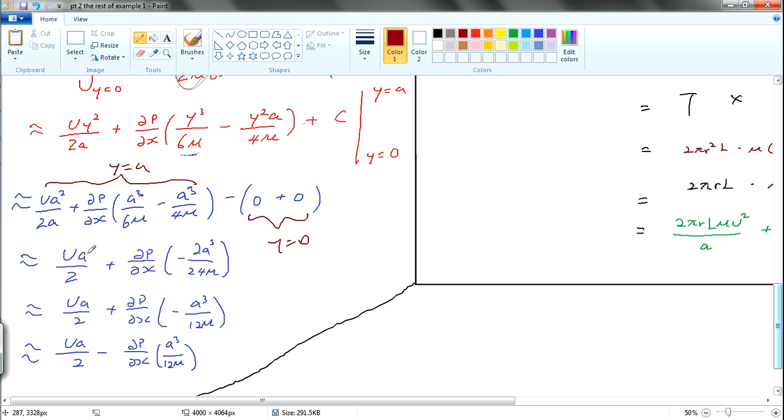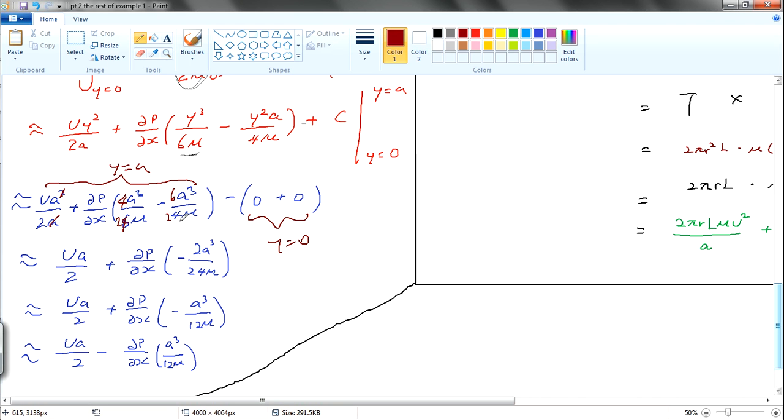So what I need to do now is to rearrange a little. So U a, this is denominator a, so I can cancel away. So I have U a over 2, and then W dx is the same, and a cubed over 6 nu minus a cubed over 4 nu. What I need to do is multiply by 4, so this is 24, and then 6, 24. I just try to make the denominator the same.